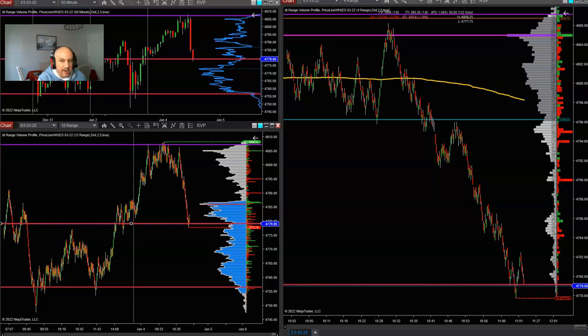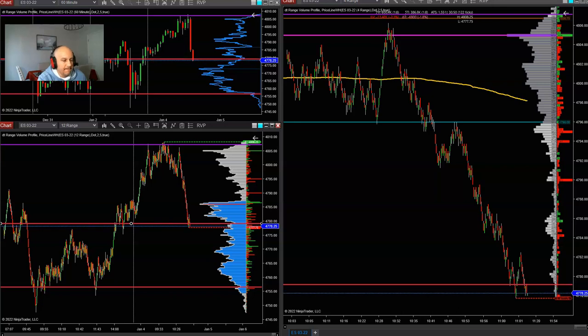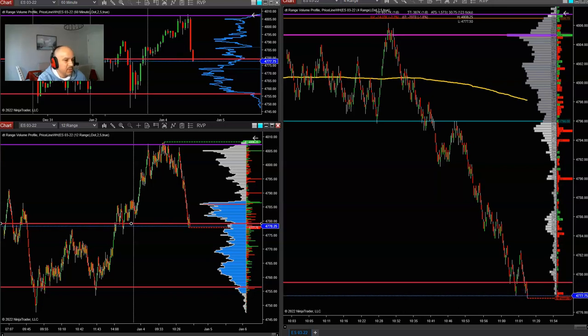If it's going to break higher here, but continue pushing lower. Keep pushing lower now.